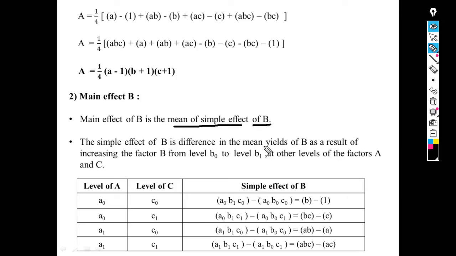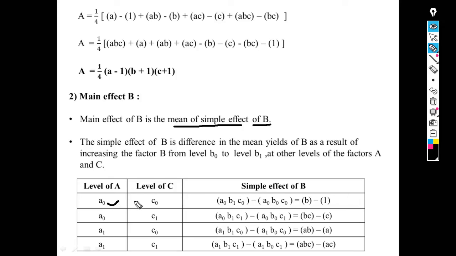It is the difference in the mean yields of B as a result of increasing factor B from level B0 to B1 at other levels of factor A and factor C. So we consider levels of A and levels of C, and then we find the simple effect of B.